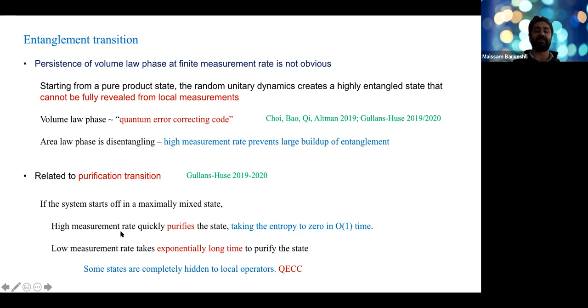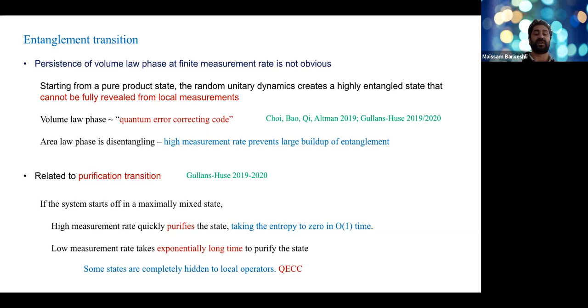So if you have a high measurement rate, then you have a purifying phase where it takes basically order 1 time, independent of system size, to take the entropy to 0. Whereas if you have low measurement rate, then it takes exponentially long time in system size to purify the state. So basically, this is another way of looking at the fact that there are states whose distinction is completely hidden to local operators. And so that's the connection to quantum error correction.